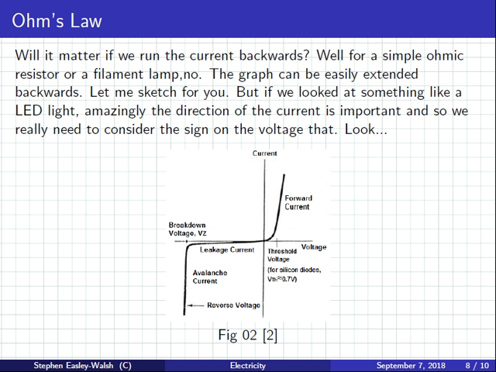I try to put the current in backwards. The resistance is very high. I increase the voltage. Still no good. High resistance. And then it breaks, and the current passes through. Because you push it too hard, now it breaks and the current passes through. So what happened? You broke it.